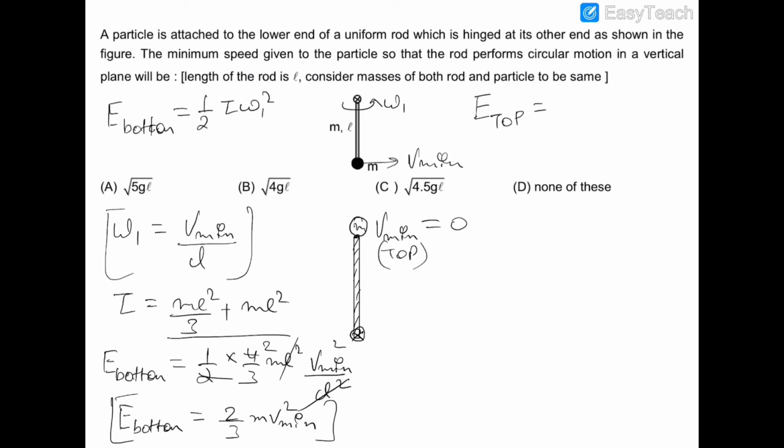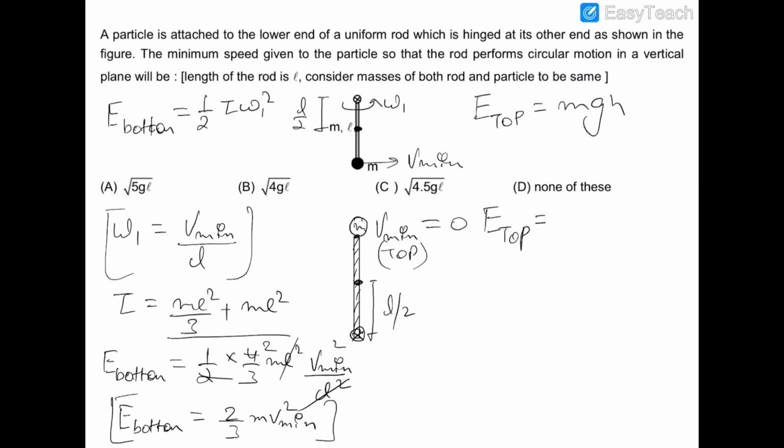So at the top point the energy is mgh, and the mass for the rod is m, and from the bottom to the top position the center of mass of the rod has ascended up by a distance of L, because when it rotates and the rod becomes vertical, initially the center of mass was under the hinge by a distance of L by 2, and finally the center of mass would be over the hinge by a distance of L by 2.